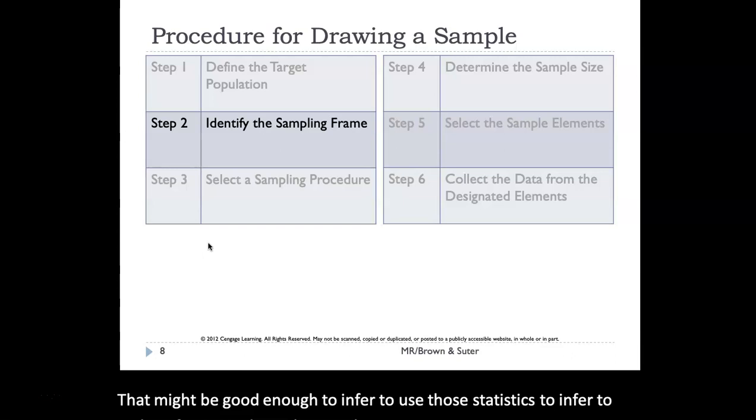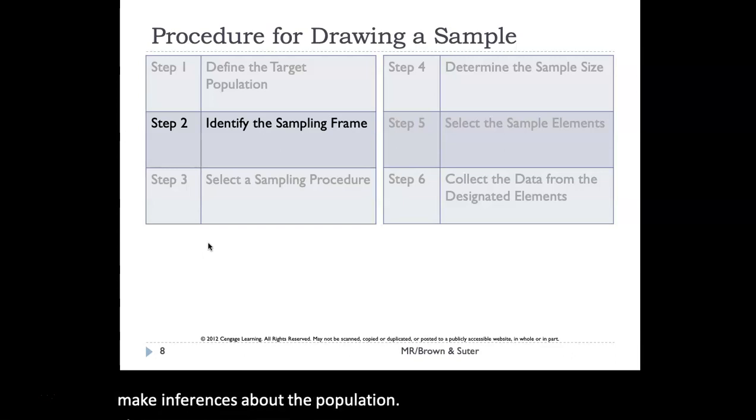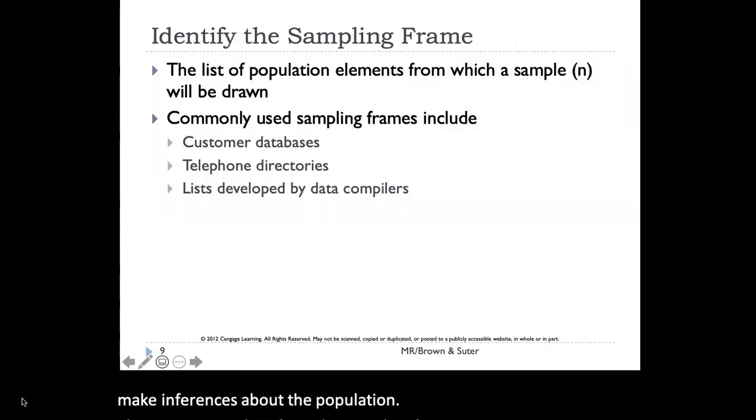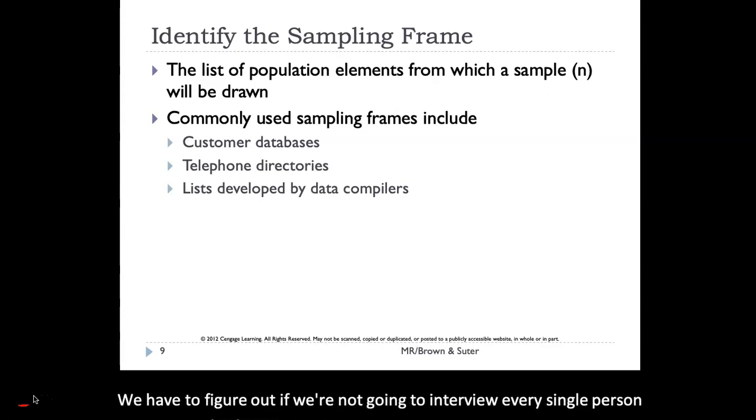The next step is identifying the sampling frame. Once we've defined that population from step one, we have to figure out, if we're not going to interview every single person or every single element in that population, which again is probably going to be impossible time-wise and money-wise, then we have to identify some type of sampling frame.